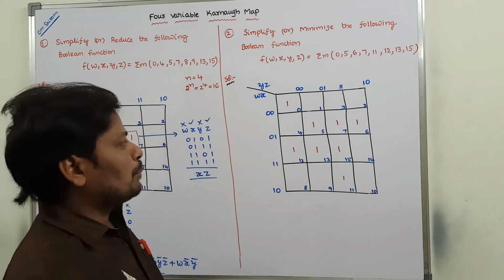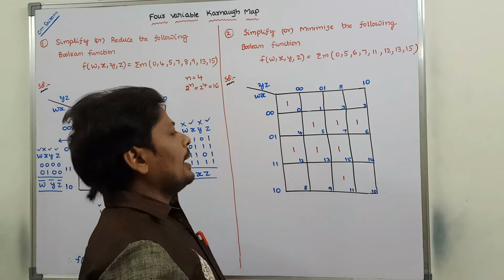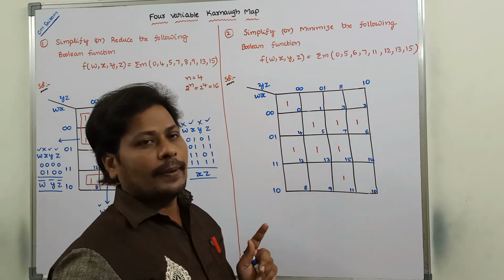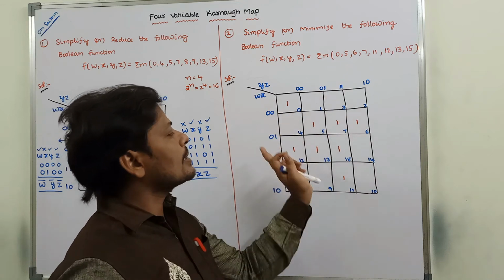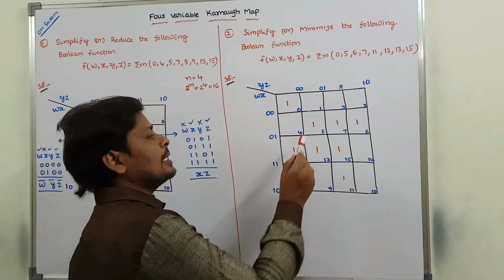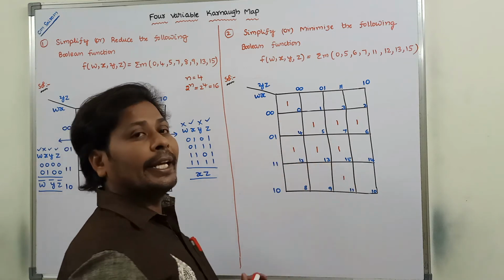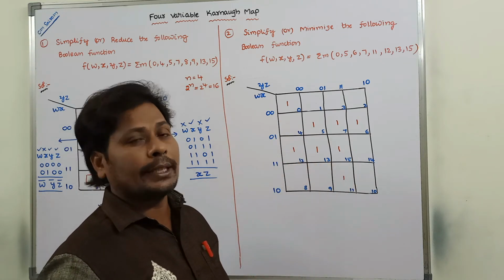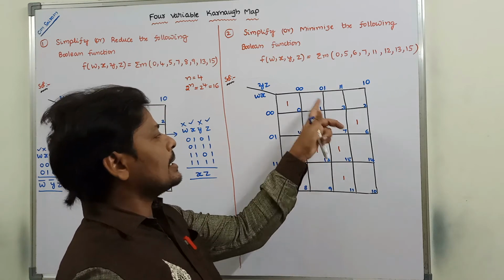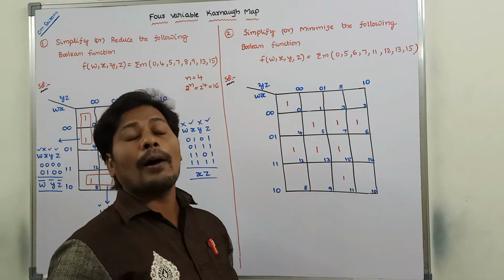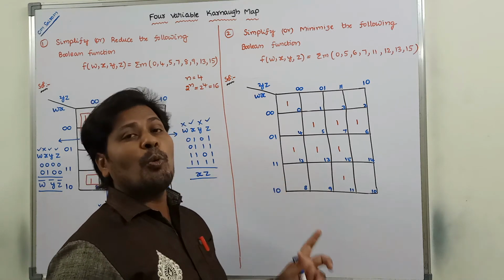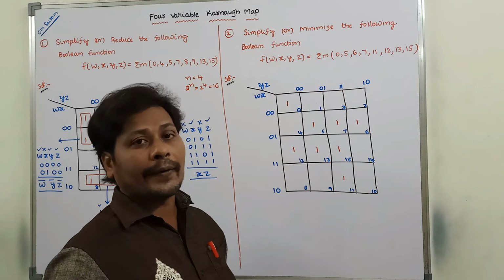So here we are inserting 8 ones, but these 8 ones are not adjacent, so there is no possibility of getting an octet. Octet means 8 adjacent ones.